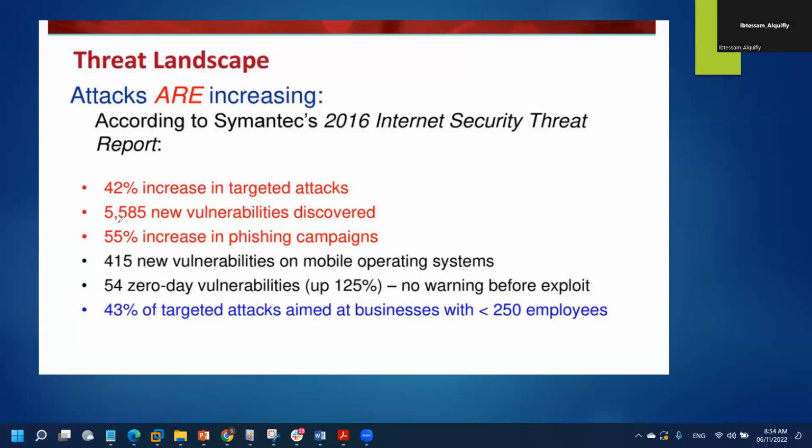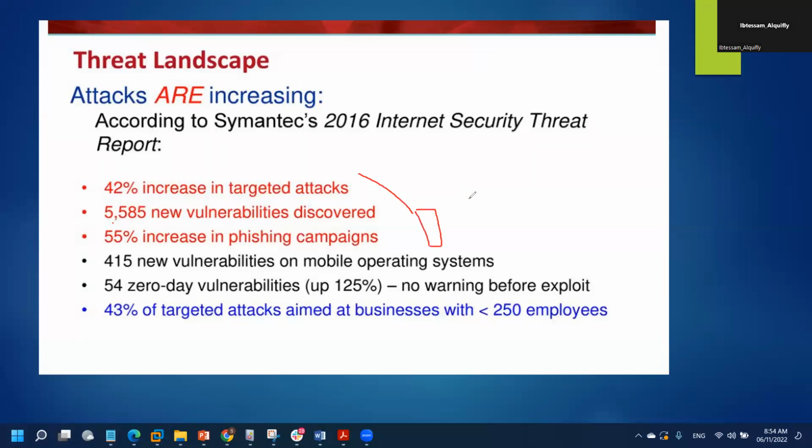Just out of these 5,000, we have around 400 or 500 new vulnerabilities in mobile operating systems. So don't be under the wrong perception that mobiles are secure. No, mobiles have been gaining a lot of momentum since 2017. Why, guys? Because the attackers know that a lot of people right now are using mobile, and the attackers are after whatever users are using.